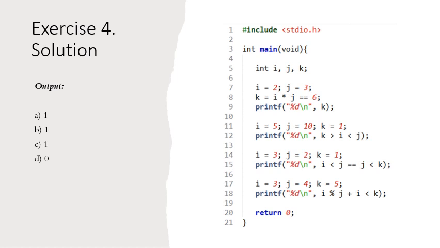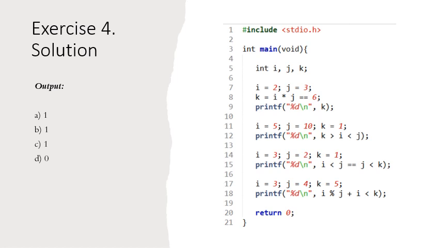Now for line 11, we have i = 5, j = 10, and k = 1. We want to evaluate the expression k > i < j. As we have said earlier, we do not test whether i is greater than k or less than j.